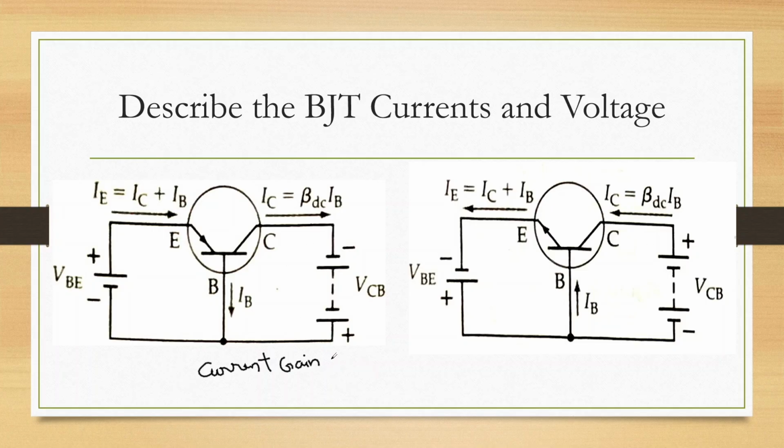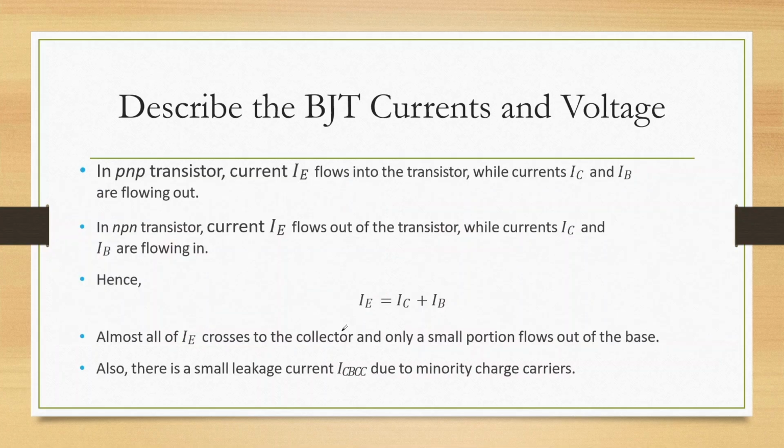So this is with respect to NPN transistor and with respect to PNP transistor diagrams. You can draw any one of the diagrams, either NPN or PNP. If you take an NPN transistor, the IE flows out of the transistor, and IC and IB flow inside. In a PNP transistor, IE flows into the transistor, and IC and IB will be flowing out.